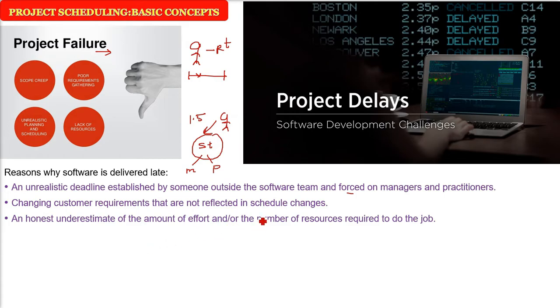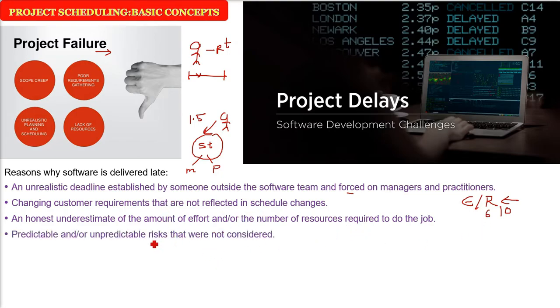There may be a case of honest underestimation of the amount of effort or the number of resources to be employed to get the job done, which is not properly managed or understood. For example, 10 people are needed, only 6 people are given the job or hired.